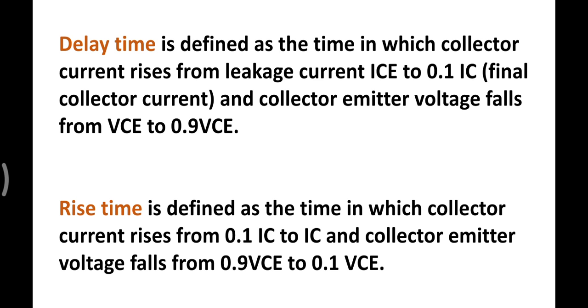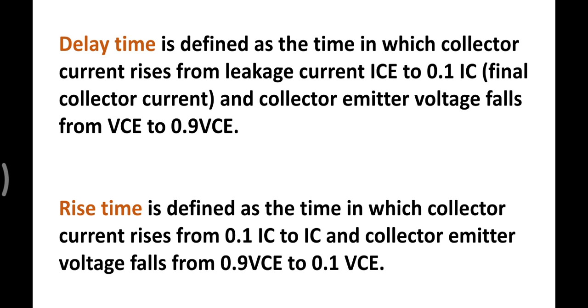Next, see what the rise time is. Rise time is defined as the time in which the collector current rises from 0.1 IC to IC, and the collector emitter voltage falls from 0.9 VCE to 0.1 VCE. That means rise time is also explained in two ways: one with respect to collector current and another with respect to collector emitter voltage VCE.